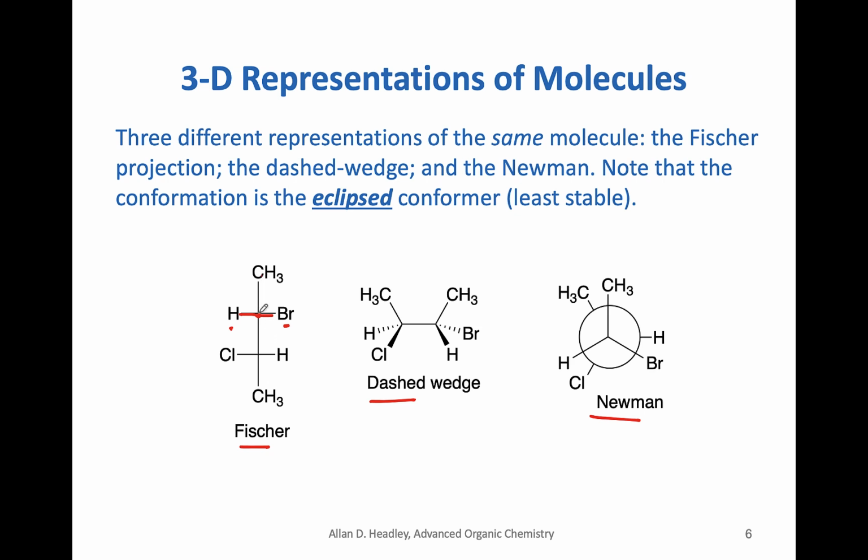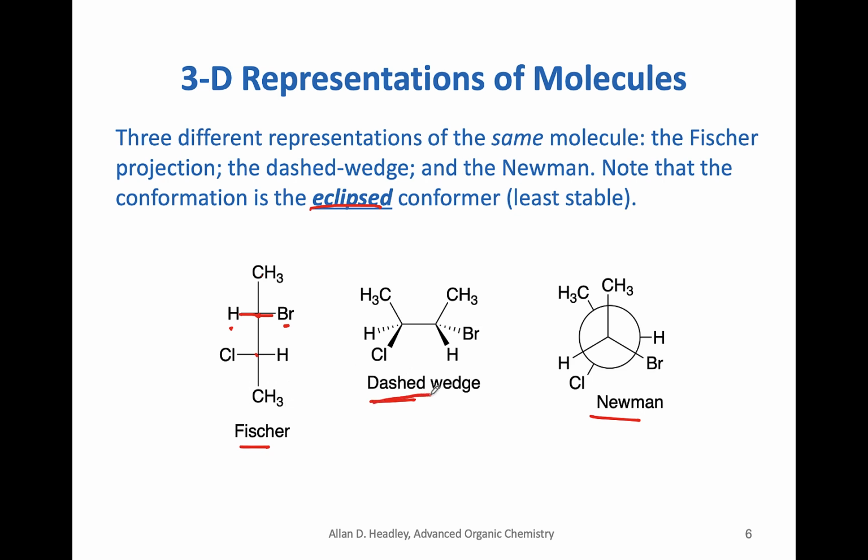And of course these groups here are in the back. So if you build this molecule, you'll see that it's really an eclipsed conformer, where these four groups here are in front, and this group here and that group here is in the back.